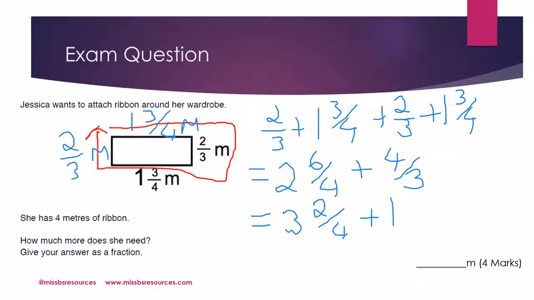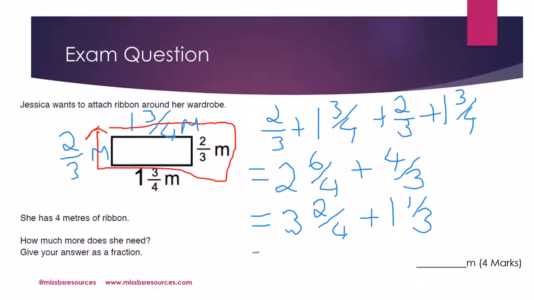Okay, now we're going to look at this because we've got 2/4 and we've got 1/3. Well, 2/4 can be simplified down to get us a half. So 3 1/2, add on 1 1/3.